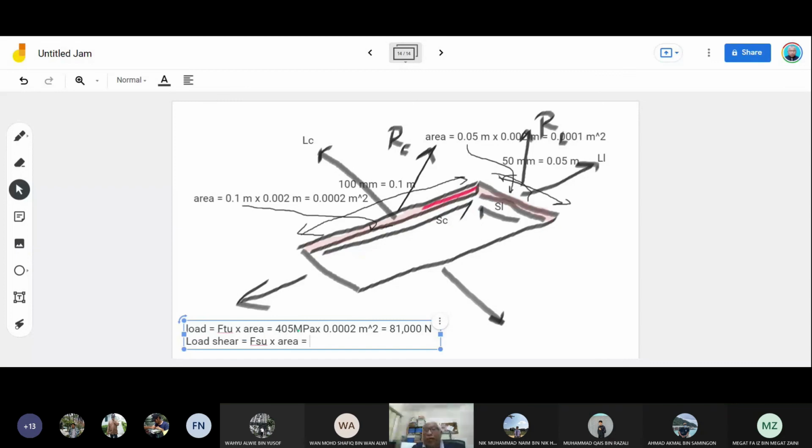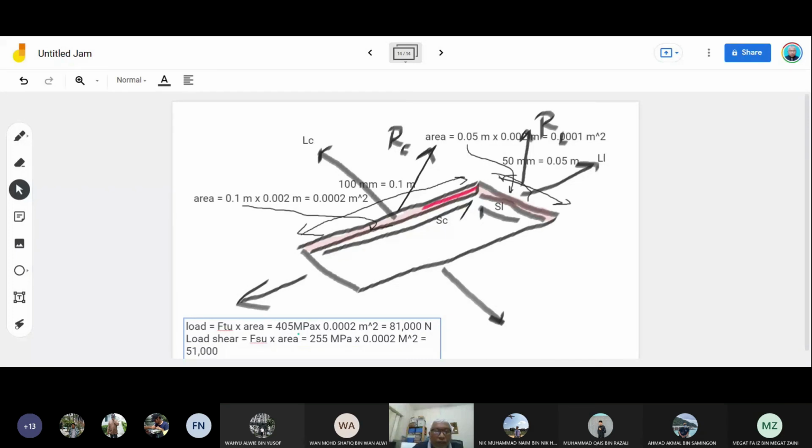FSU will be 255 megapascal times the same area here, 0.0002 meter squared. That equals 255E6 times 0.0002, which is 51,000 Newton.